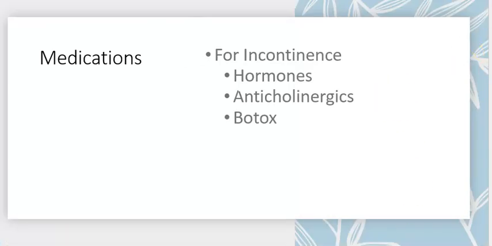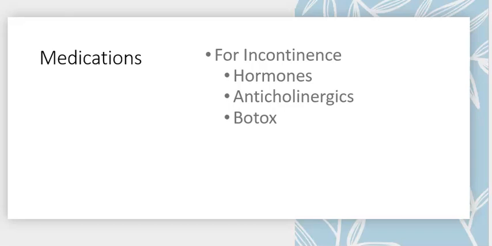For incontinence, they sometimes will give estrogen to help increase blood flow as well as muscle tone around the vagina and urethral areas. It's used for stress incontinence in postmenopausal women. Your anticholinergics relax the smooth muscle and increase the bladder's capacity.